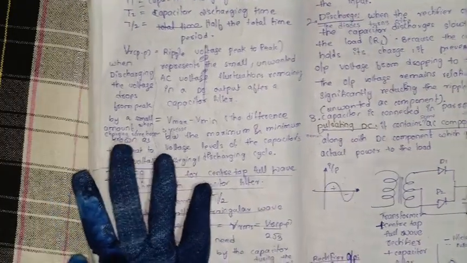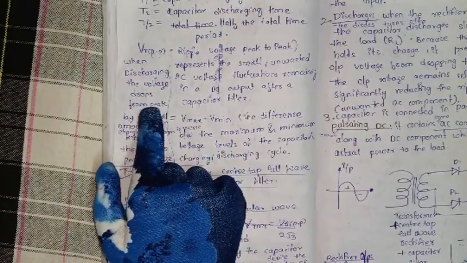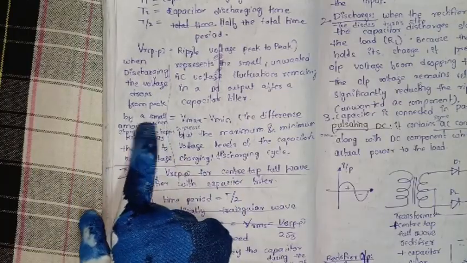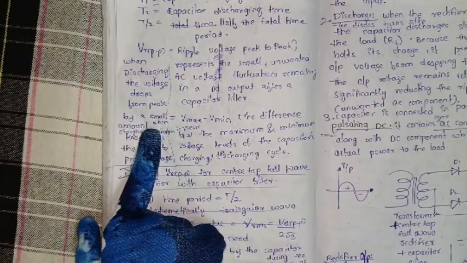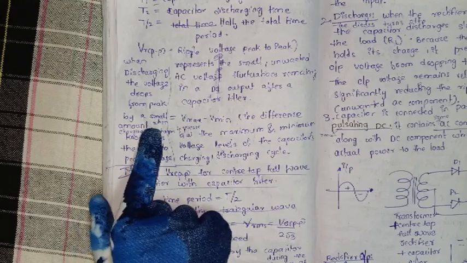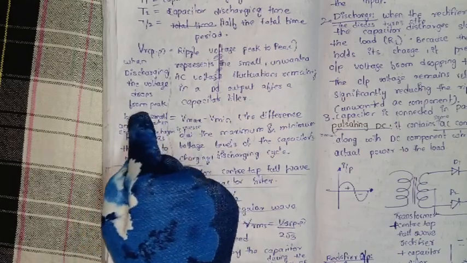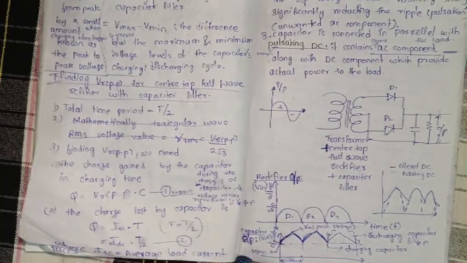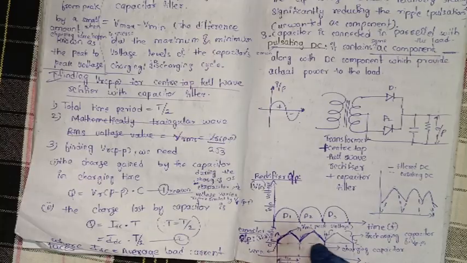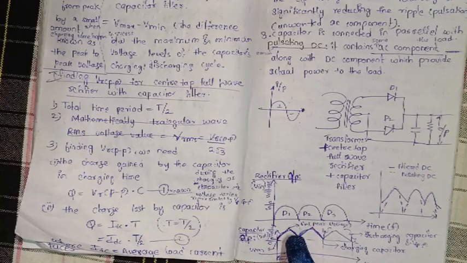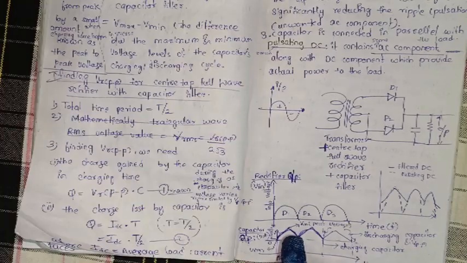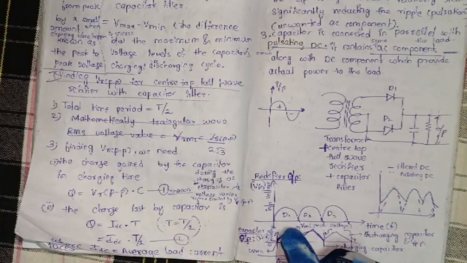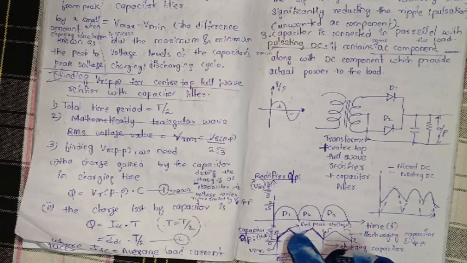When discharging, the voltage drops from peak by a small amount. Here we are discussing this capacitor output. During the discharging, means here, the voltage is dropping from peak by a small amount.